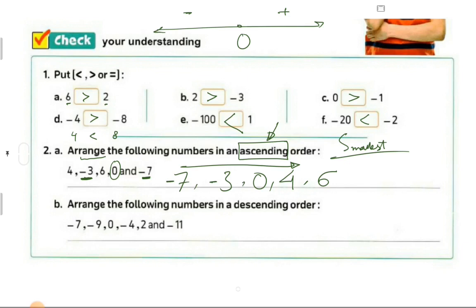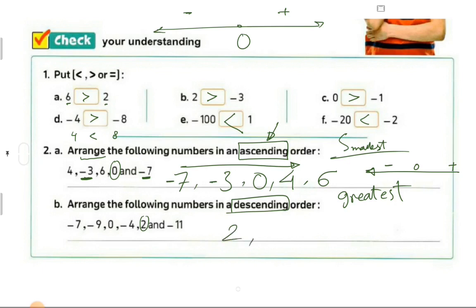Okay, now you have to arrange in descending order. You start with the greatest one. Okay, you start from the right to the left. From the right, you start with the positive, 0 and negative. Okay, look, where is the positive? We have 2. Just 2. You start with 2, of course.